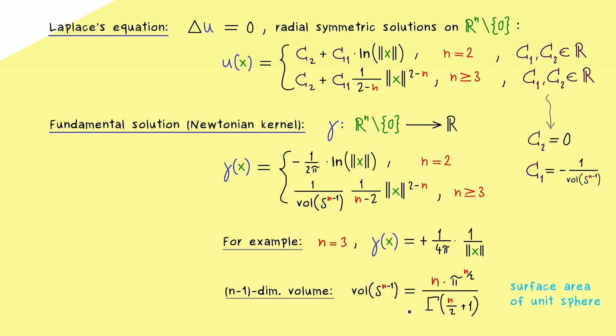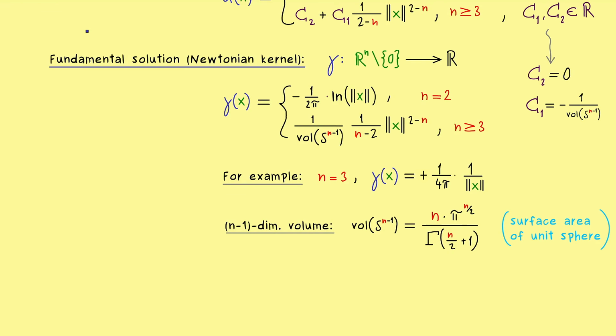In fact, one can simplify this formula even more, but for us it's already good enough that we know that the surface area of the unit sphere, so the n-1 dimensional volume, is fixed by this formula. So you can remember, it's the generalized surface area, and the radius of the sphere is fixed by 1. Very well, now you know the whole definition of the so-called fundamental solution of Laplace's equation.